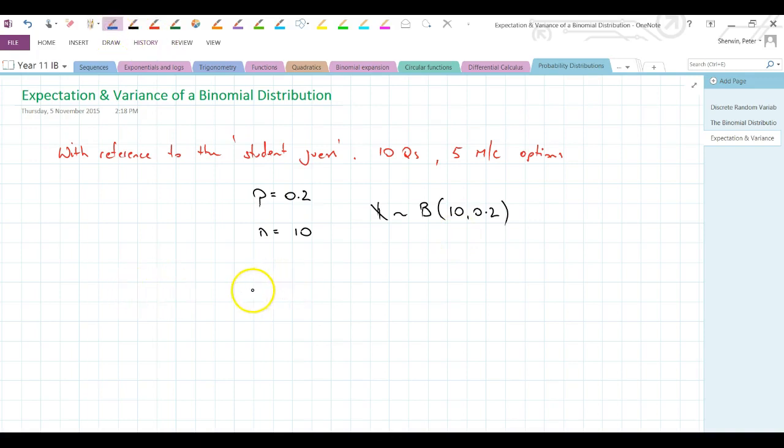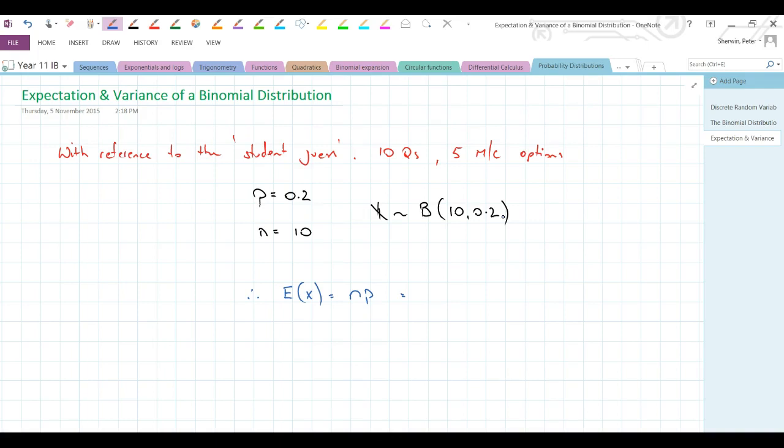Now if we wanted to establish the expected value, the expected value of x we know now to be np. In this case, it's apply logic. How many would you expect the student to get correct? If they're guessing, they're going to get 1 in 5 correct. If we took 1,000 students guessing, that's how it would work out.